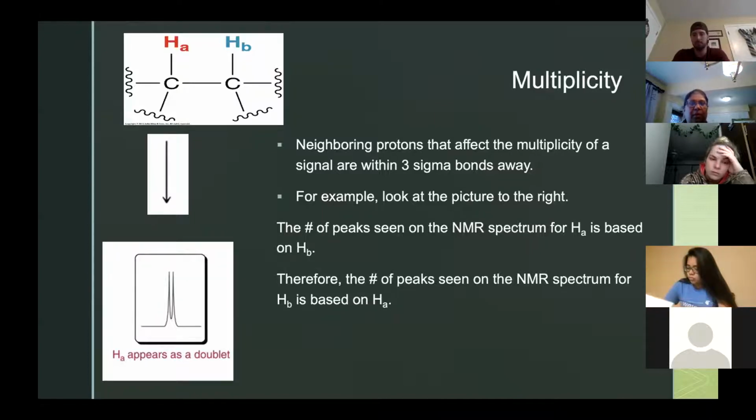HA normally will give one peak, but if he has a neighbor, he will give the number of neighboring hydrogens plus one peak. He has one neighbor, so he will show up as two peaks. So do not include him. You look at his neighbor, how many neighboring protons there are, and you add one to it. And so he has one neighbor, so he will show up as a doublet. Does that make sense? We'll look at other compounds too. Okay.